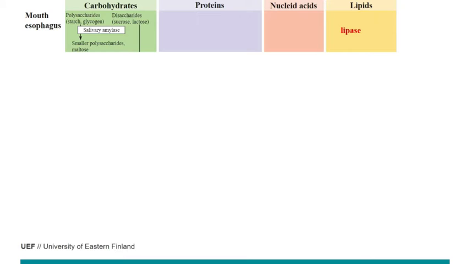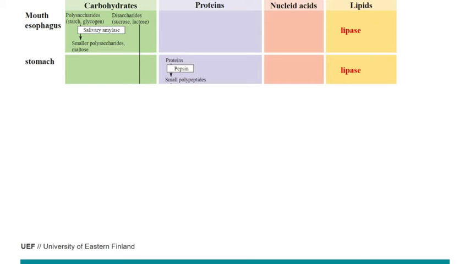We have amylase in the saliva to get them into slightly smaller polysaccharides, but quite often, even in humans, this doesn't happen so much because we swallow the food quite fast.